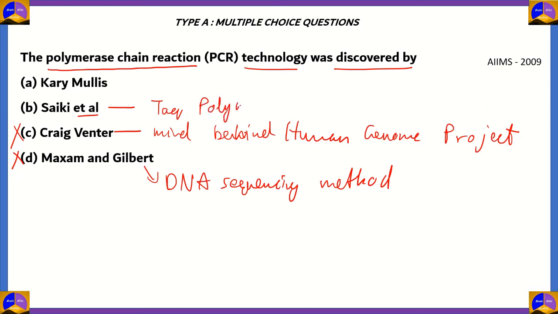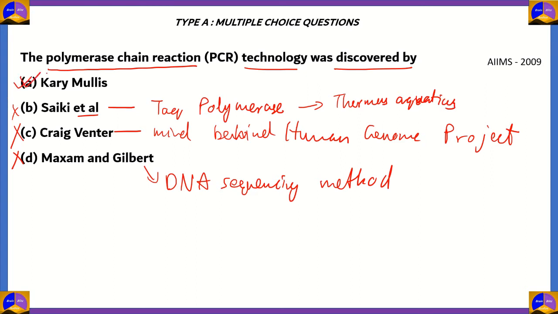In order to ensure that PCR goes successfully, you need a DNA polymerase that has to withstand high temperatures. So Psyche et al. was behind the formation of Taq polymerase, which is taken from Thermus aquaticus bacteria. So therefore option B is also incorrect.